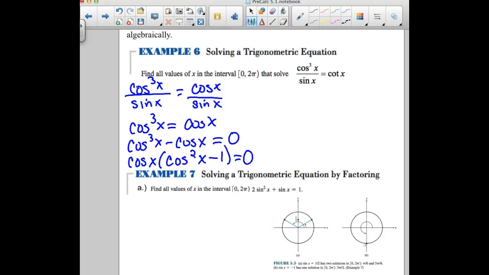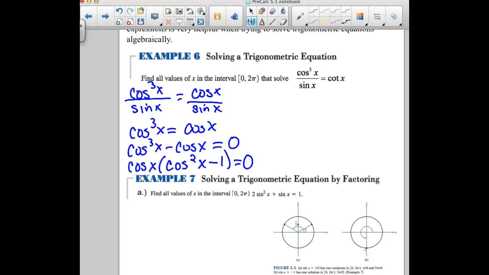Okay, so I have cosine of x times cosine squared of x minus 1 equaling 0. But cosine squared x minus 1 should look like one of our Pythagorean identities. So let's go back and look at what we have. We have the identity that sine squared x plus cosine squared x has to equal 1.